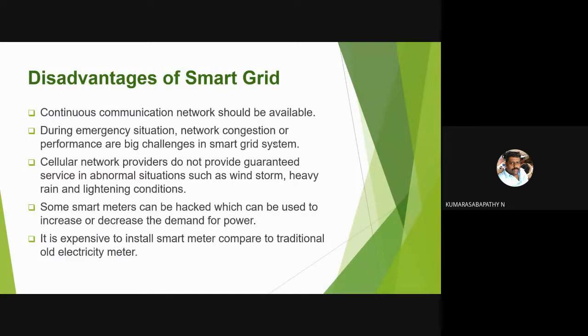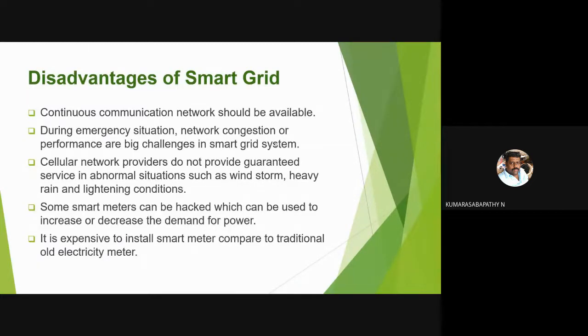If the quality of the internet provided is poor, we cannot easily take controlling actions for the power system. Also, the main thing is that it can be easily hacked.